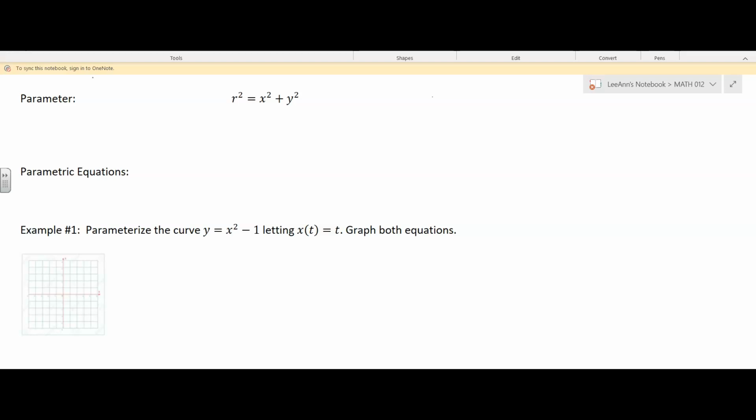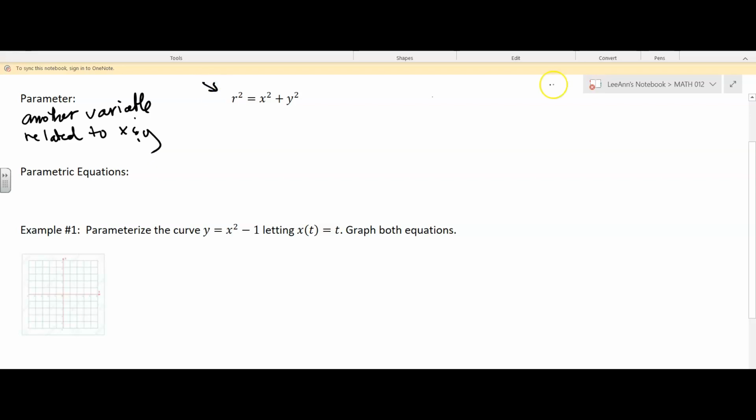Okay, so when we talk about a parameter, we're going to bring in another variable that relates to both x and y. So related to x and y.